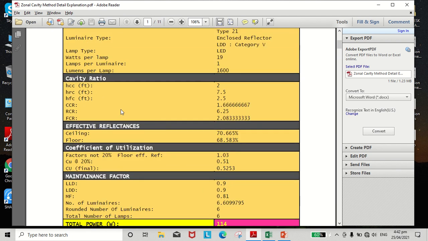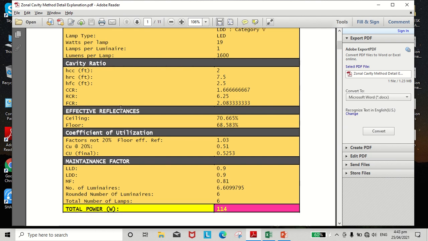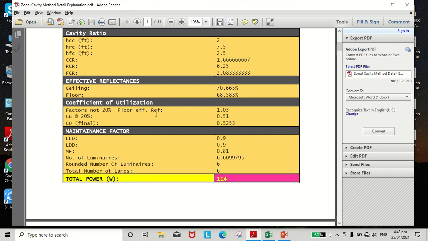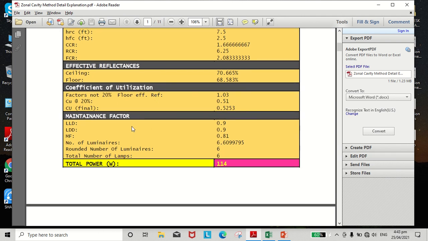All of these are discussed below. We also have the cavity ratio, which we can compute using the height and the width of the room. We also have the effective reflectances, to be found using a table. We also have the coefficient of utilization, and at the same time the maintenance factor.